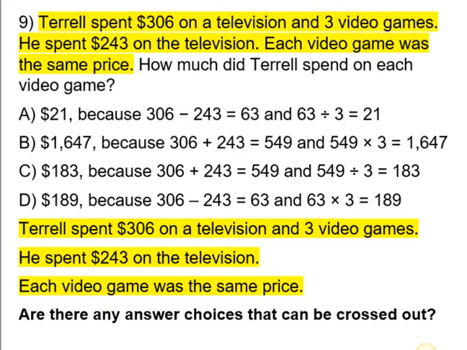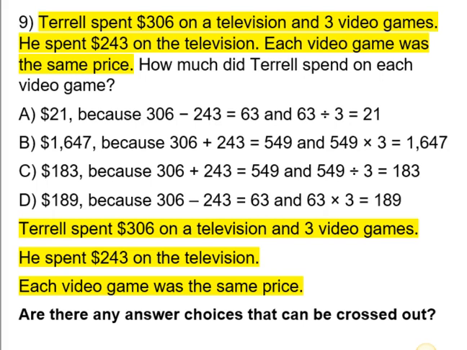Based on this information, are there any answer choices we can cross out? Looking at answer choices A, B, C, and D, can you find either the wrong answers to cross out because you're not sure, or immediately you see the correct answer? Let's look at our information again.